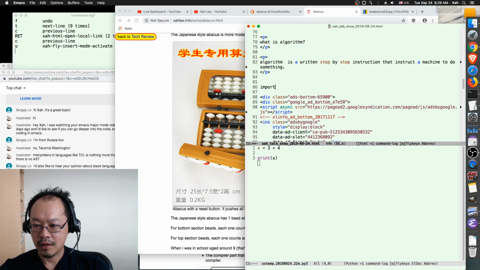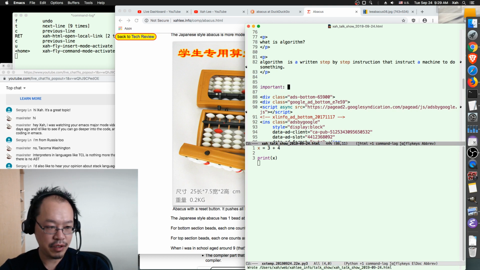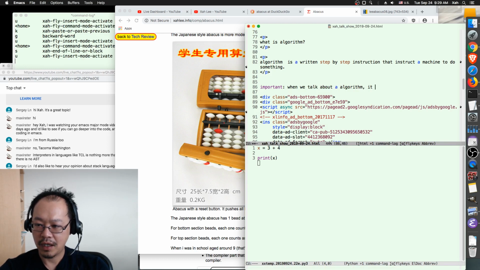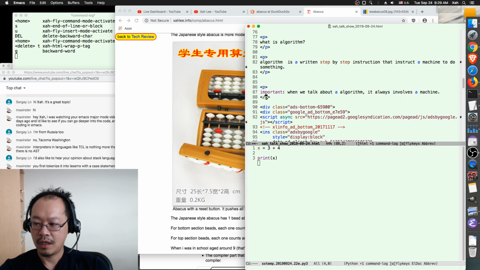This is a thing we usually forget when we talk about algorithms: it always, always involves a machine.